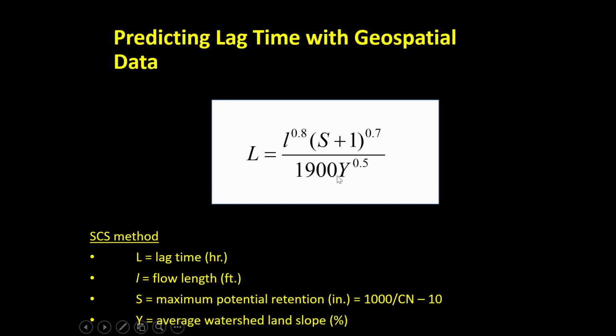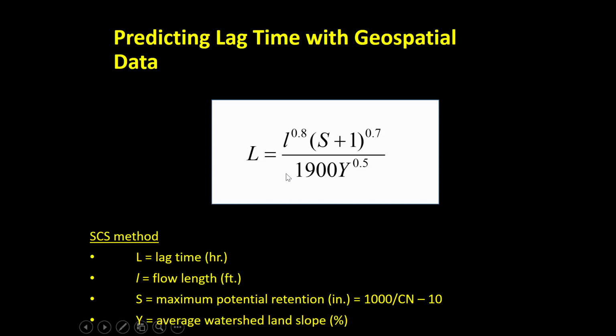The variable y is the watershed slope. And so if I'm remembering correctly, this SCS method for estimating the lag time had watersheds about 10% and less as the average watershed slope. Whereas we can routinely in West Virginia have watershed slopes that are in the 40 to 50% range. And so that's just off the charts extreme in terms of the slope.